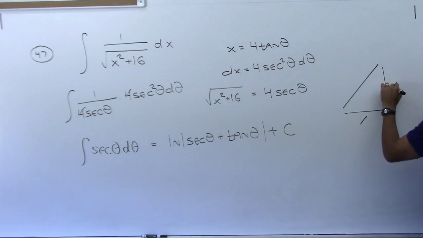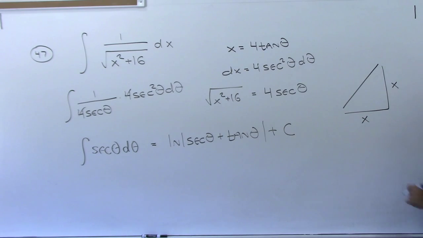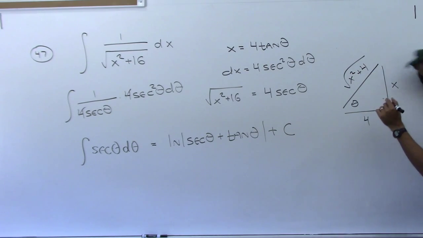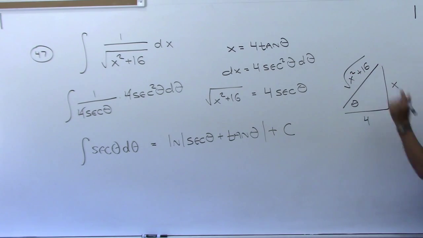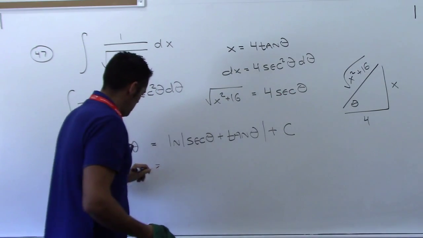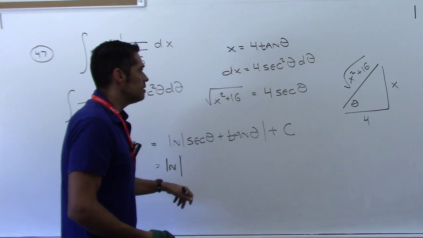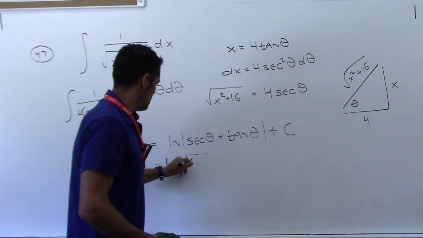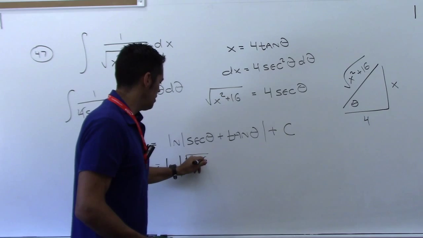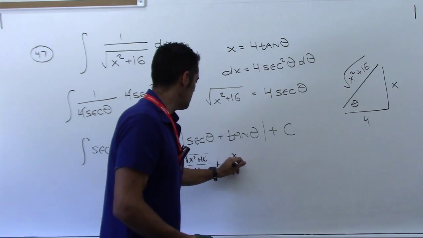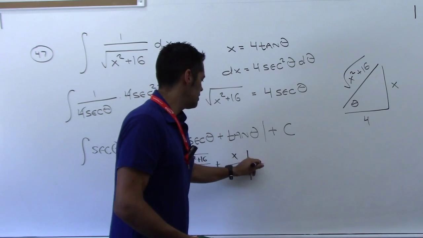X over 4. X over 4. Right? 16. Yes? And then you can get all your information here. So natural log of secant theta was root x squared plus 16 over 4, plus tangent theta, which was x over 4, plus c.